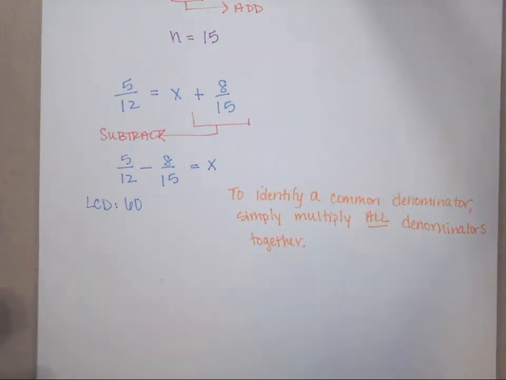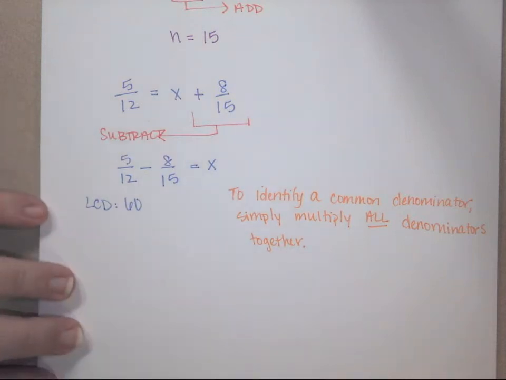This will actually give you a common denominator that you could use in order to solve your problem. You would just be giving yourself an extra step in terms of reducing at the end. In this case, we can go ahead and use 60.